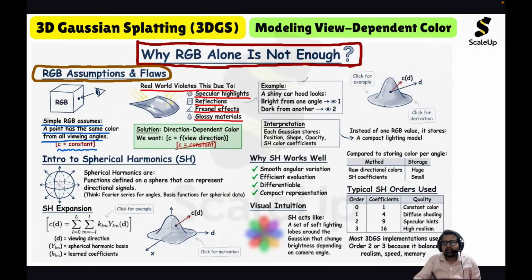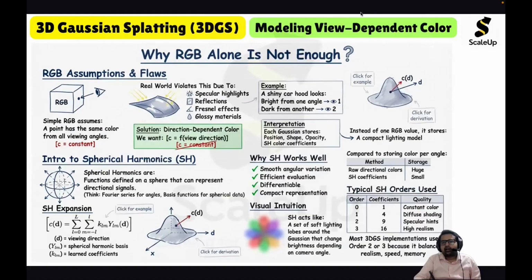Since it represents a real scene, it has to take care of the lighting conditions. The solution for that is direction dependent color. Direction dependent color means the color is no longer constant; rather, the color depends on the view direction. The color is a function of the view direction.